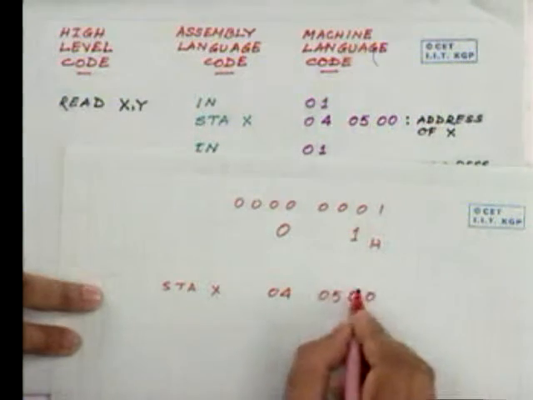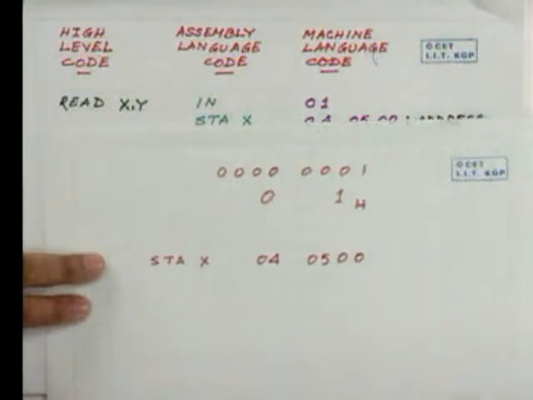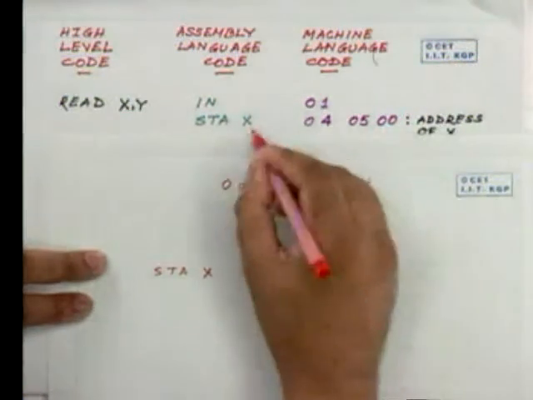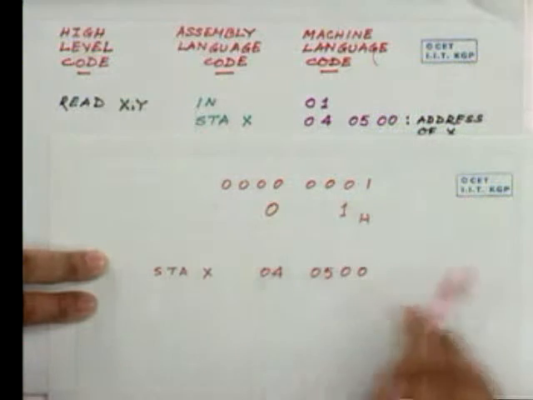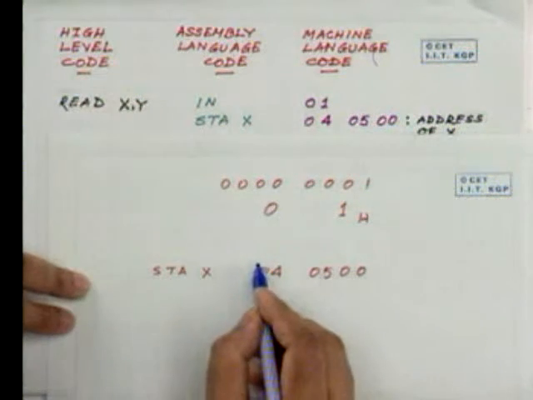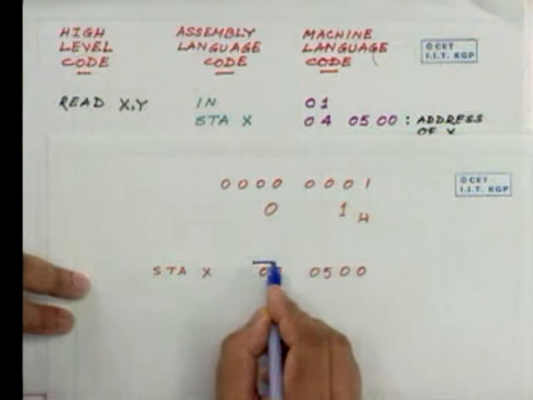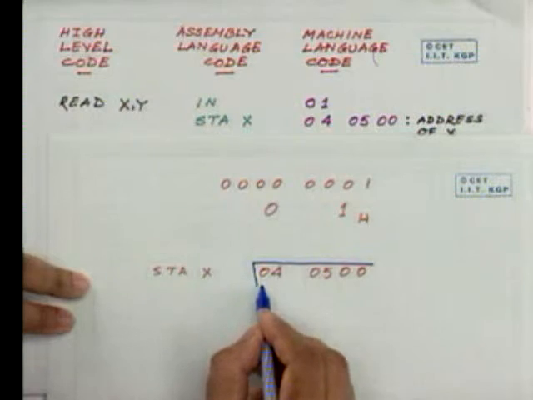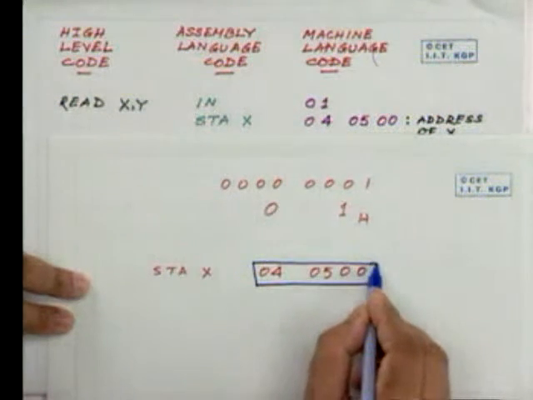This is the instruction format in machine language for this STX code. Now, if we examine it, you see that a machine instruction can be divided into two parts.